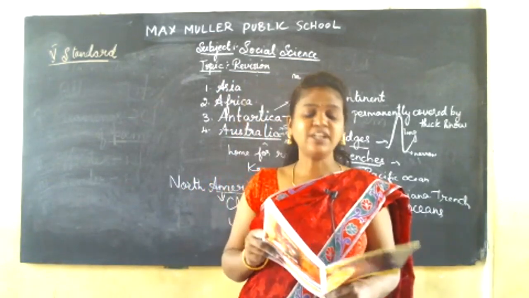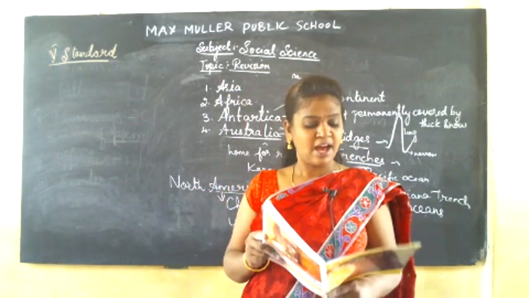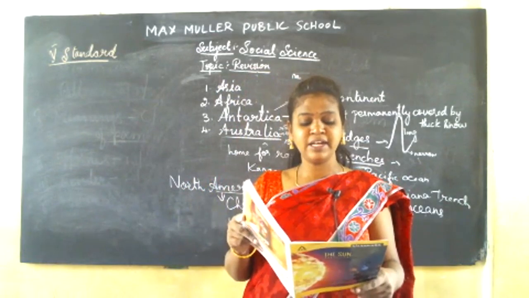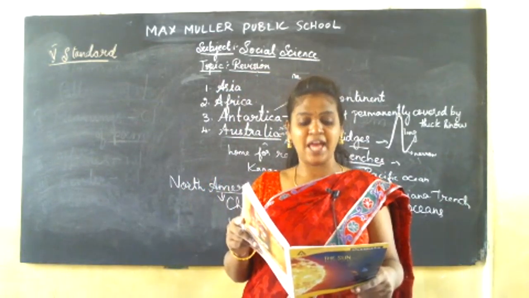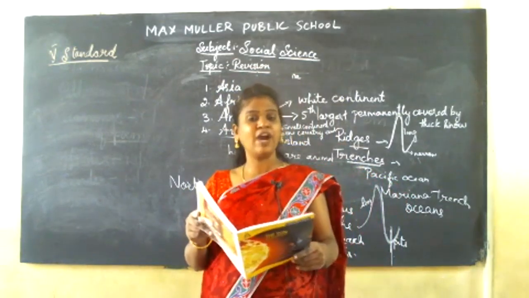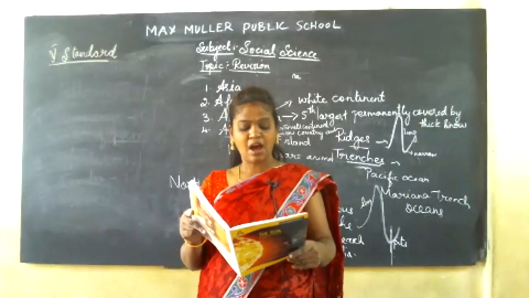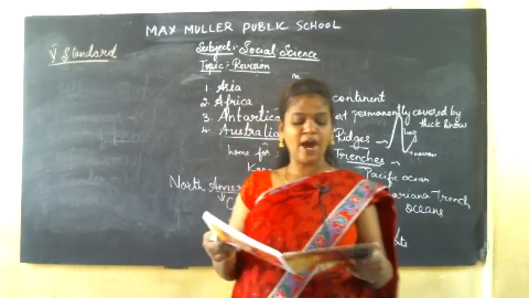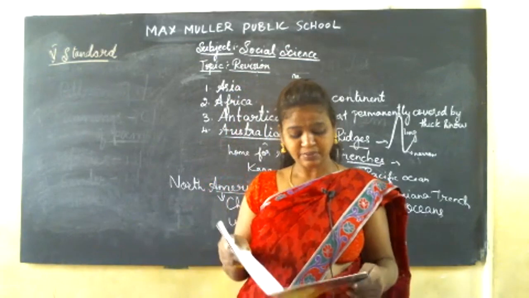Second question, what is the white continent? Explain. Antarctica, the 5th largest continent, is permanently covered by a thick layer of snow and ice sheets all year round and looks like a white mask when viewed from outer space. Hence, it is called the white continent.